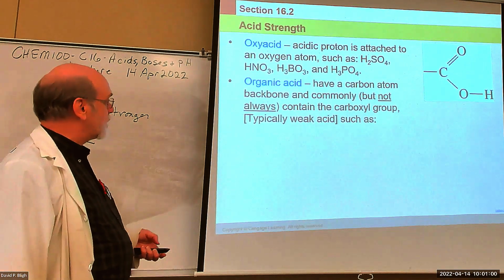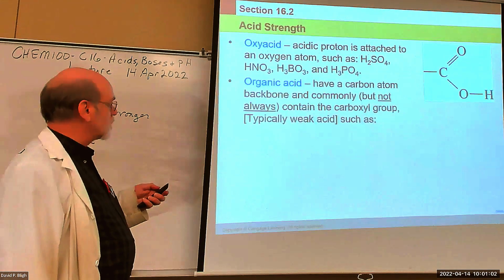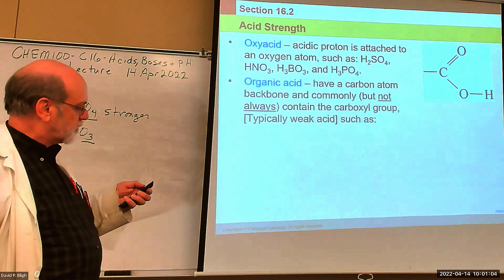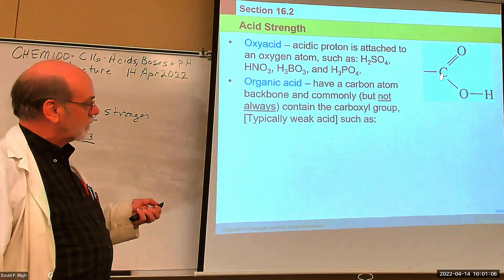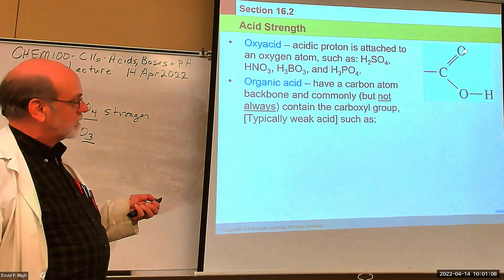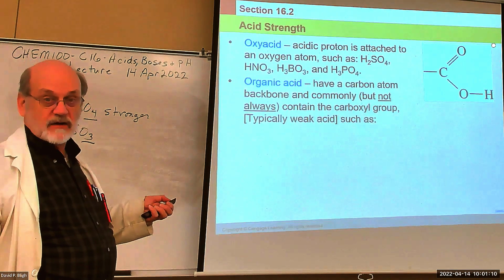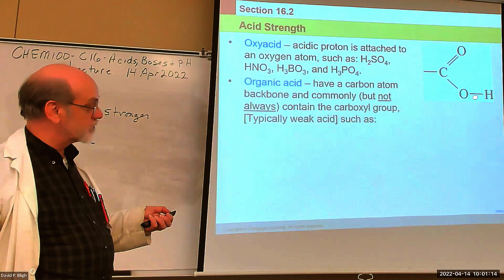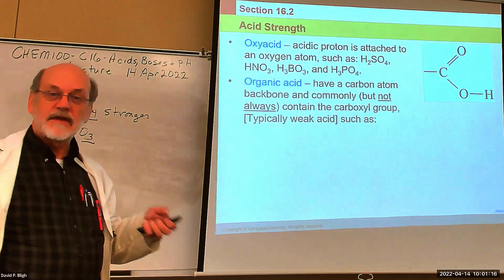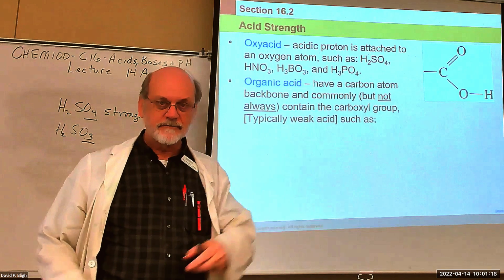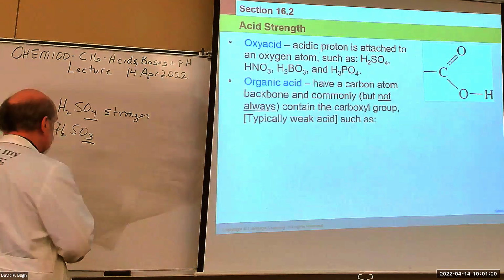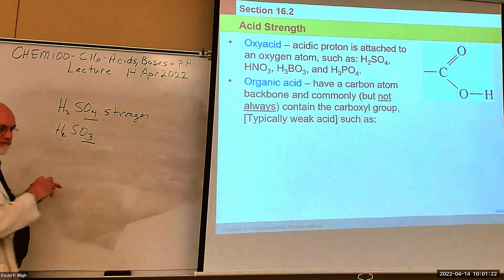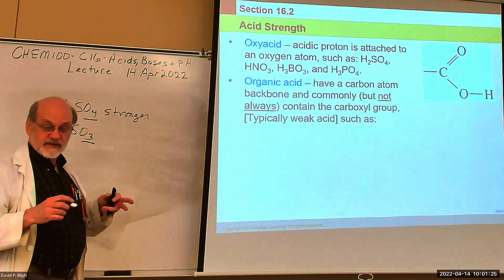And organic acids typically have, not always, but typically, have this part of the molecule, right? A carbon, that's called a carbonyl, or double bonded oxygen, a single bonded oxygen with a hydrogen. That hydrogen right there is the one that dissociates. For that reason, we often write acetic acid, right?